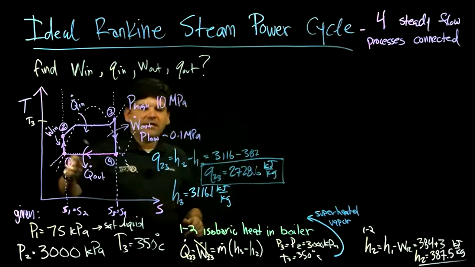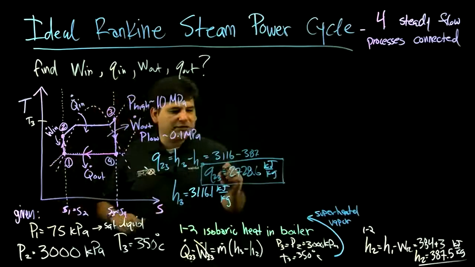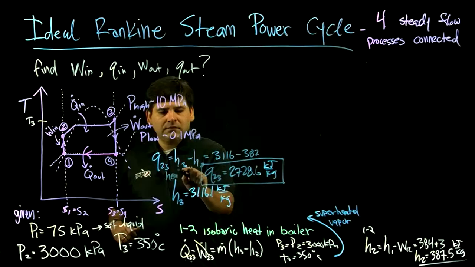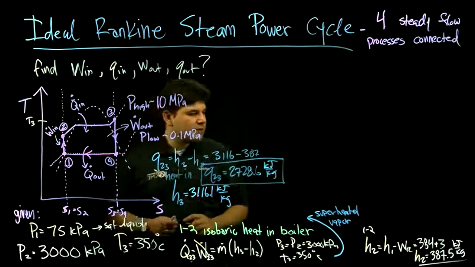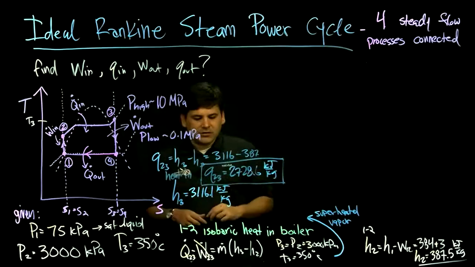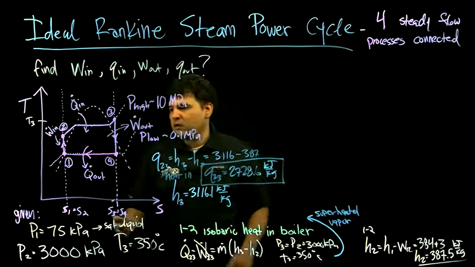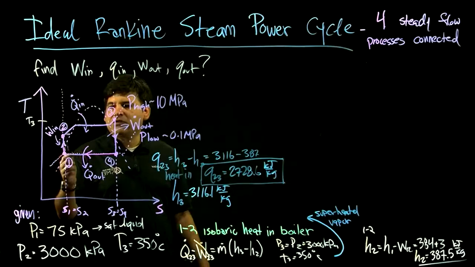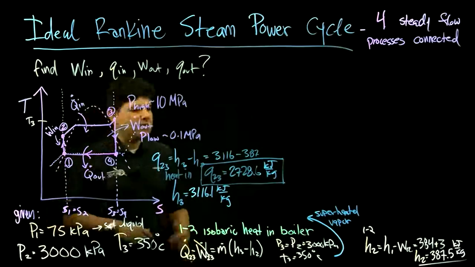So that's the heat coming in. It's positive, so it's heat in. Okay, so we went from state 1 to state 2, found the work, then went from state 2 to state 3 to find the Q in.